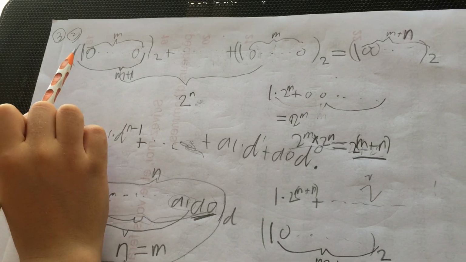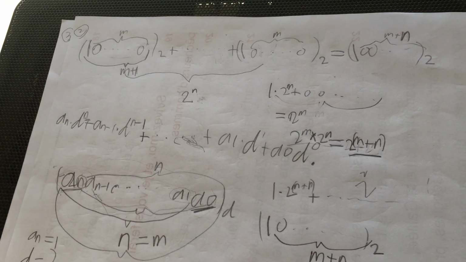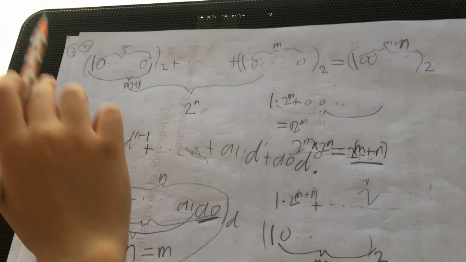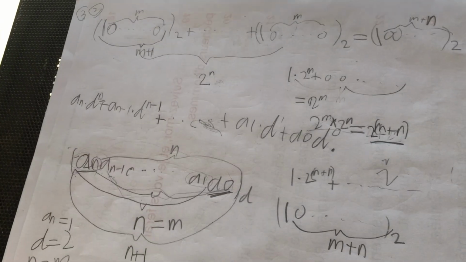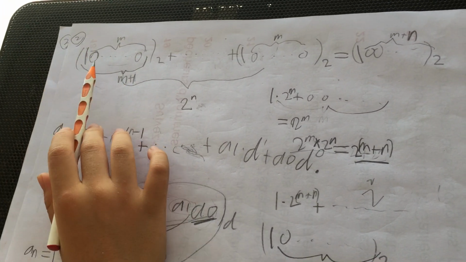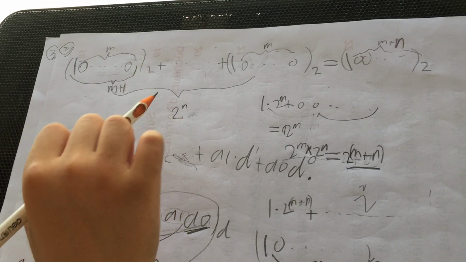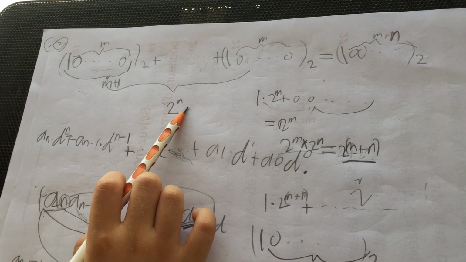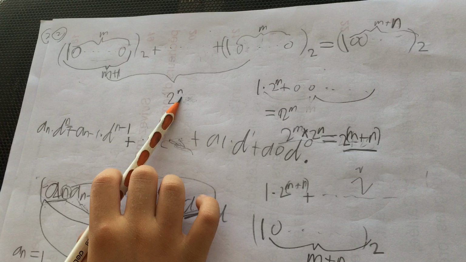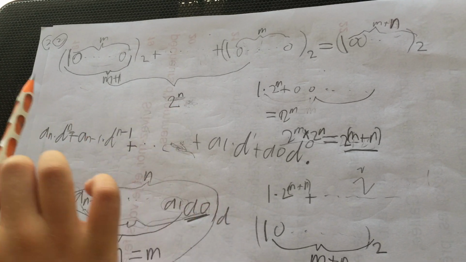So we have 1 followed by m zeros. m means how many zeros there are, and don't forget, m can be any number: 0, 1, or whatever. And n here means the power.